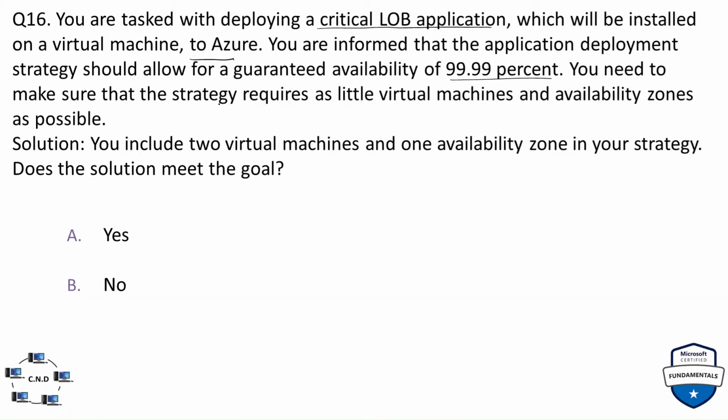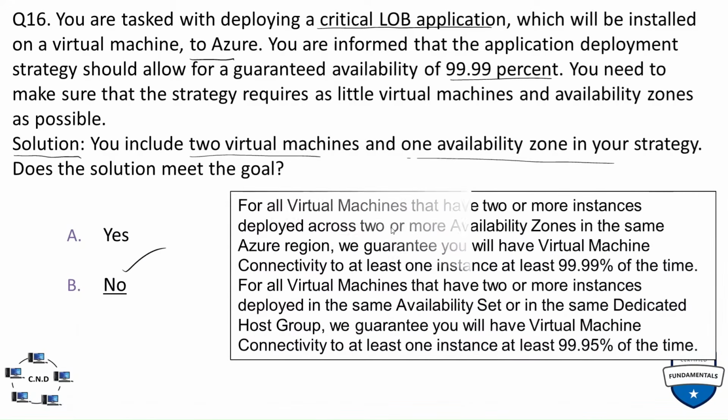You need to make sure that the strategy requires as few virtual machines and availability zones as possible. Solution: you include two virtual machines and one availability zone in your strategy. Does the solution meet the requirement? And the options are again yes or no, and the correct option is no.